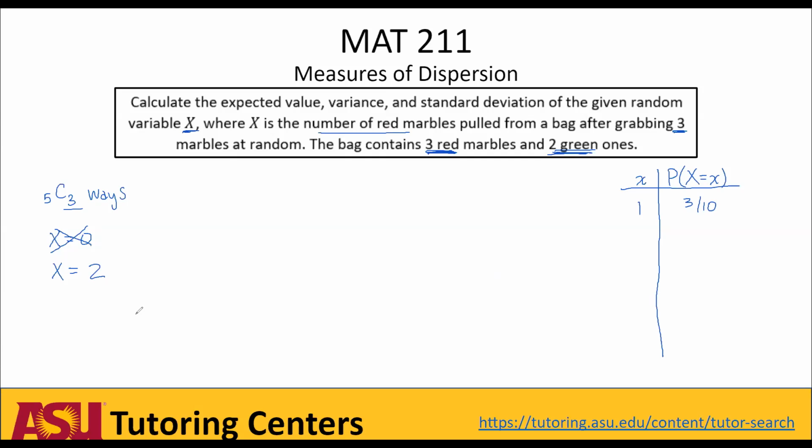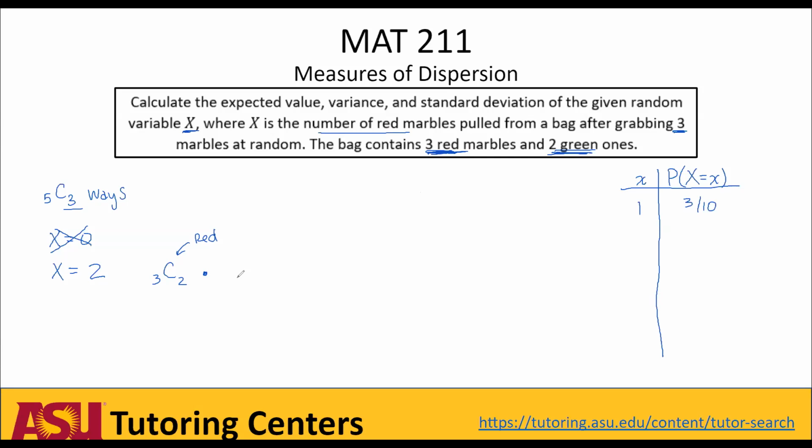If x equals 2, then that means that we pulled 2 red marbles and 1 green marble out of our bag. So let's do, again, the red marbles first. We have 3 red marbles to choose from, and we want to choose 2 of those. That's going to be our red. And we're going to multiply this by the number of green marbles we pick.